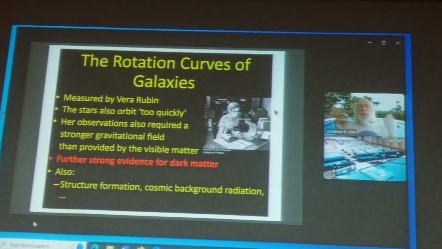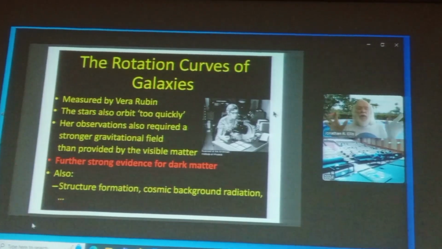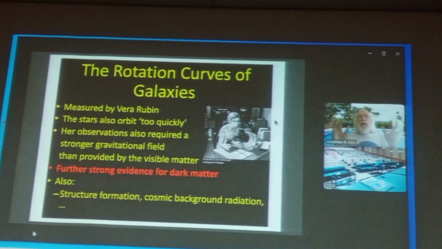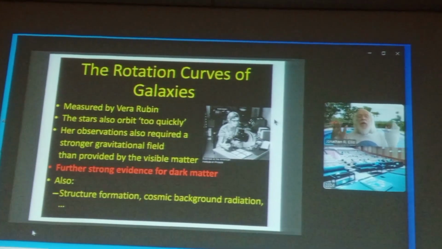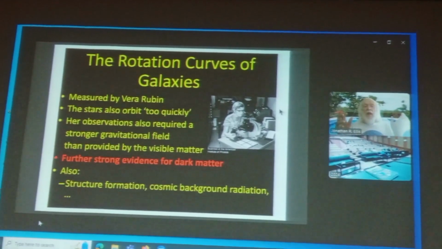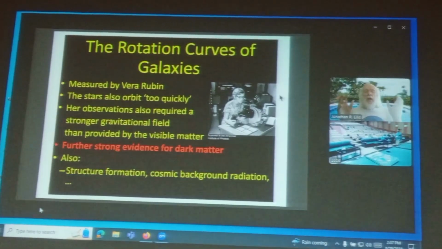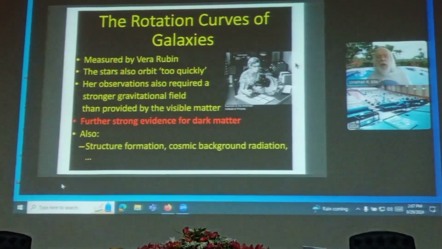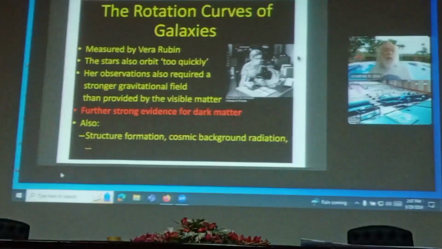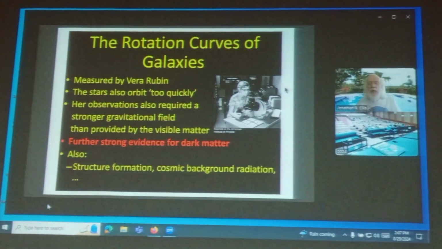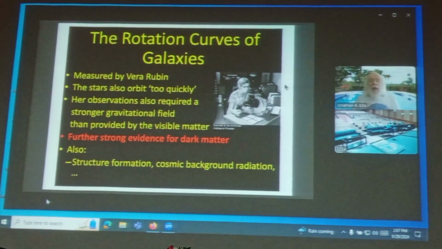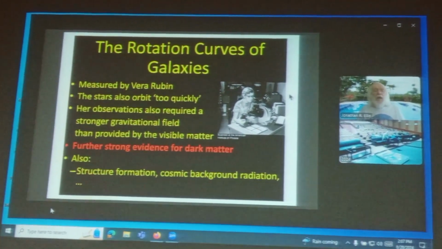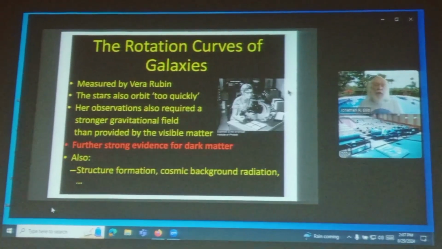So, in the same way as Zwicky found in the clusters of galaxies, she found that inside the galaxies, the motions of the stars also required stronger gravity than that provided by the visible matter. So this provided rather strong evidence for dark matter, and I think it got astrophysicists, as I said, taking the idea of dark matter very seriously.